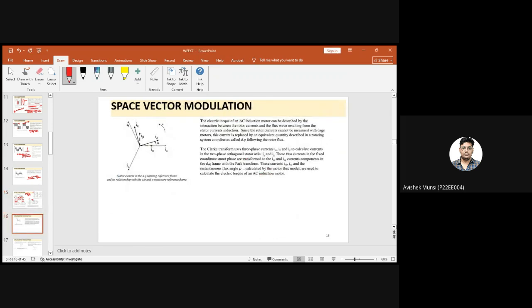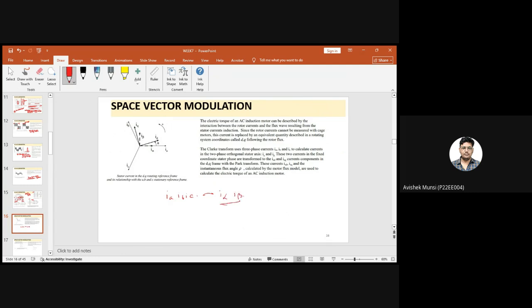Fine. So I'll discuss space vector modulation. This is basically a technique. Before moving into space vector modulation, you should know a little bit about the Clark and Park transformation. The Clark transformation basically uses three-phase currents. Like in the figure, we have IA, IB, and IC, right? This three-phase current can be converted into two-phase orthogonal stator axis currents I alpha and beta.